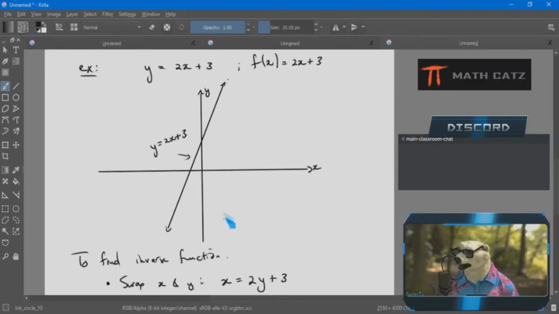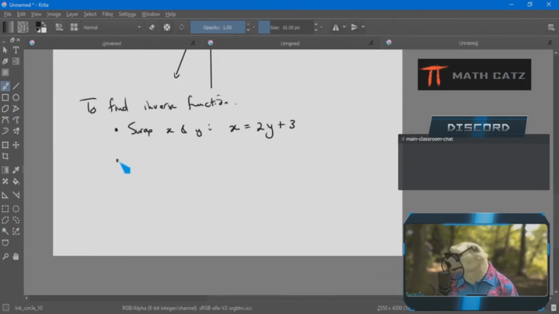Y's become x's, x's become y's. All right. And then second step, solve for y. So 2y equals x minus 3. So y equals 1/2 x minus 3 over 2.